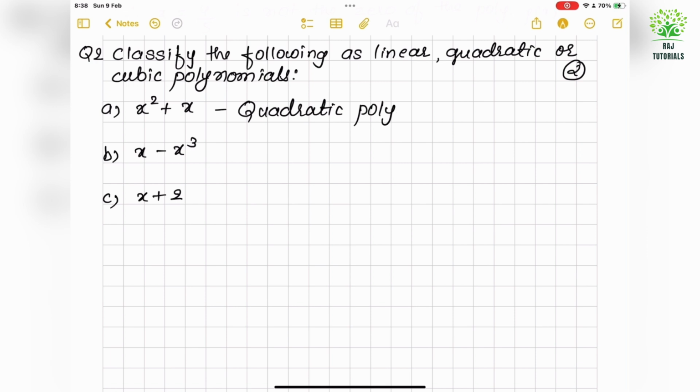Then in the second one, the highest power is 3, so it is a cubic polynomial. And the third one says x plus 2, where the power is 1, so it is linear.